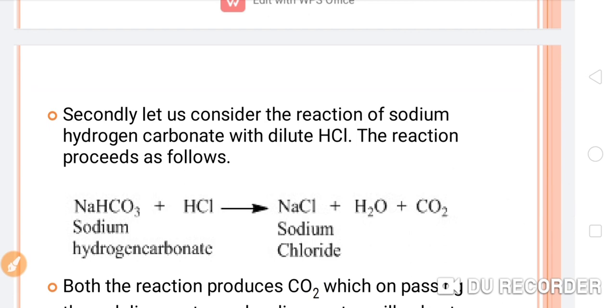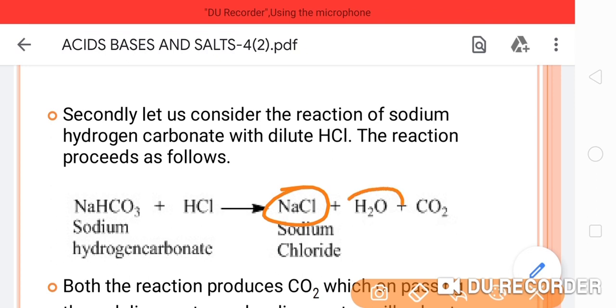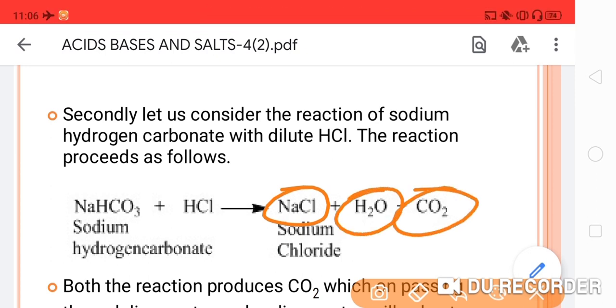Secondly, let us consider the reaction of sodium hydrogen carbonate with dilute hydrochloric acid. When sodium hydrogen carbonate reacts with HCl, it will convert into the respective salt, that is sodium chloride, water and carbon dioxide gas will form. So both are similar reactions. The only difference is that one is a metal carbonate and the second one is a metal hydrogen carbonate.